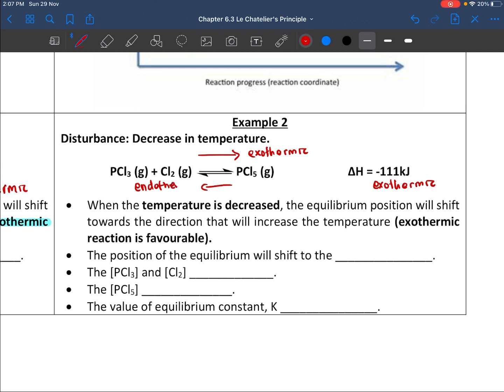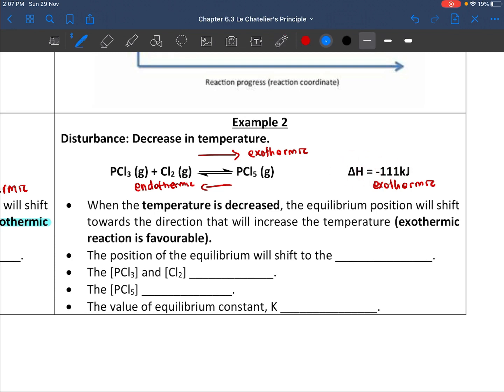Okay, so once kamu dah faham yang ni, so kiranya tadi saya cakap kalau temperature decrease, kita nak increasekan temperature. Nak increasekan temperature, prefer exothermic. That means we will shift to the right.